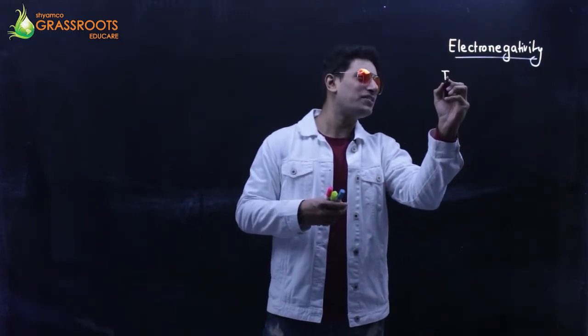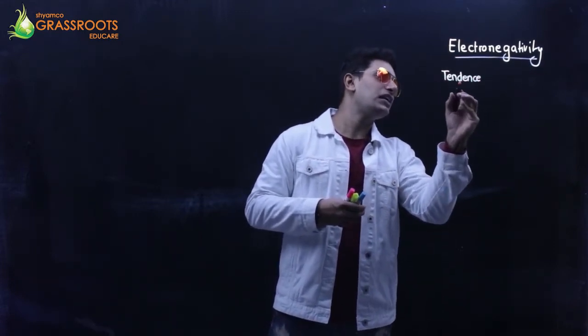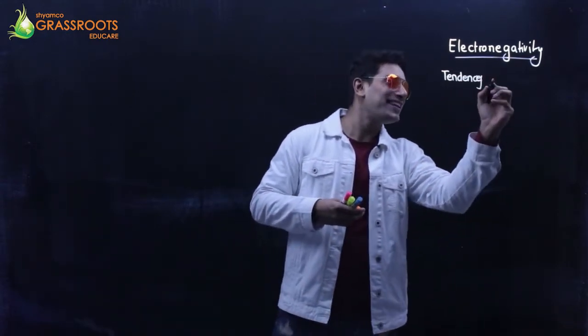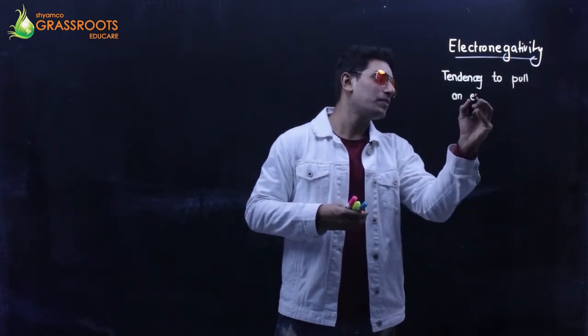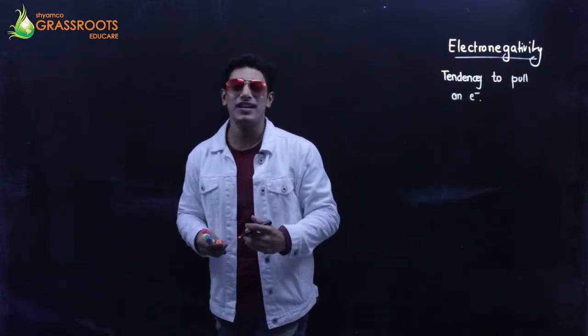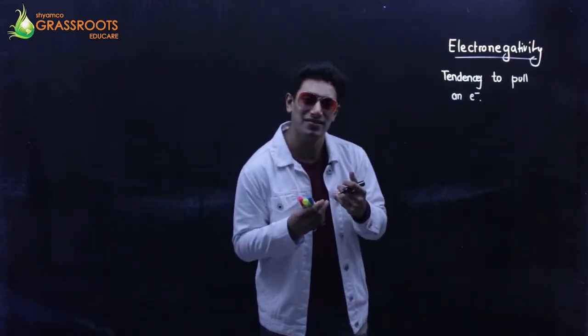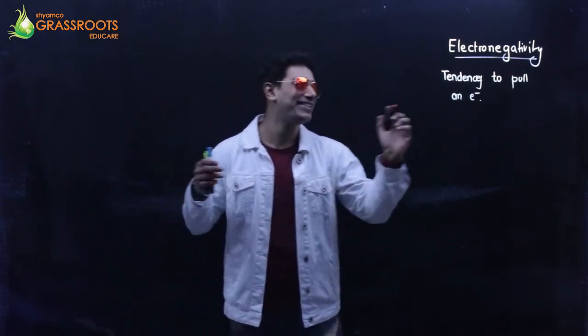It is nothing but the tendency. It is the tendency to pull an electron, or in my language, can I say, it is the easiness with which an electron enters into the outermost shell.